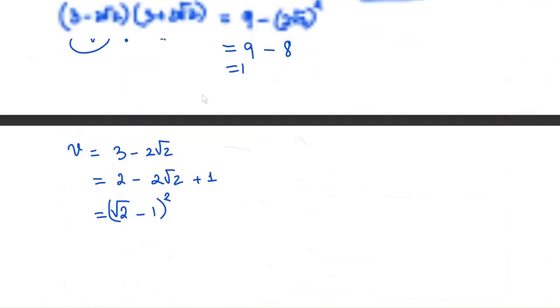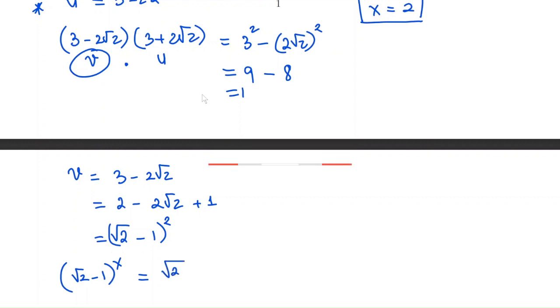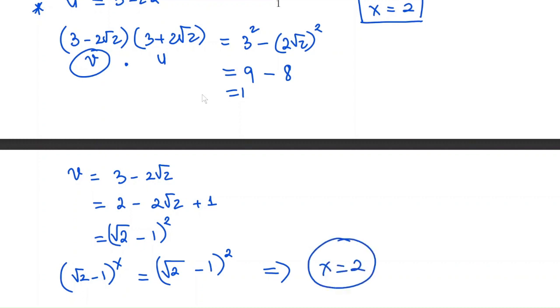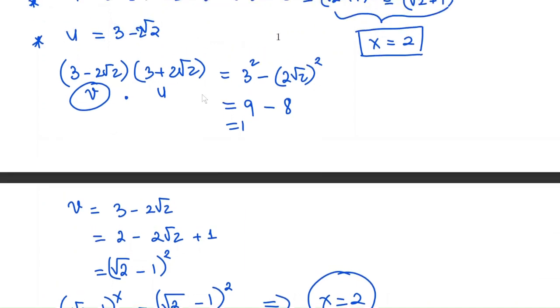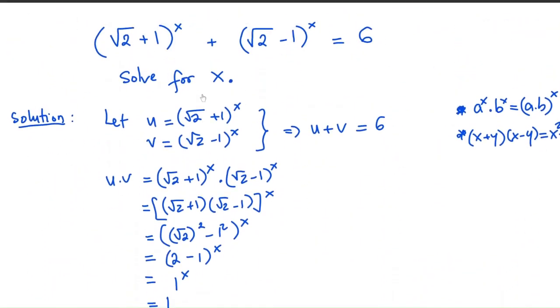So we have (square root 2 minus 1) to the power x equal to (square root 2 minus 1) to the power 2. Again, we would have x equal to 2. So for the two cases, we have the same solution, x equal to 2. So the only solution for this equation is x equal to 2.